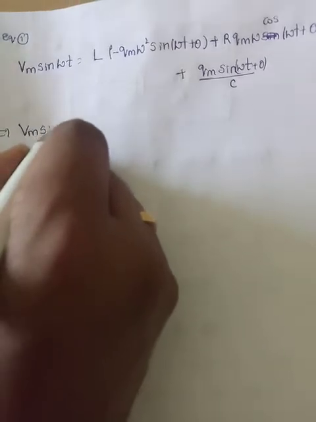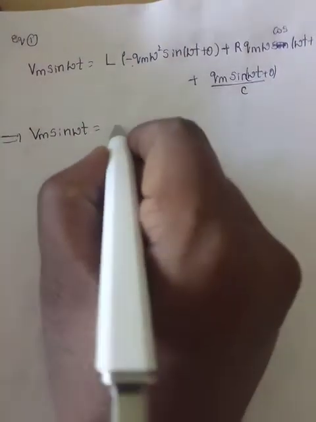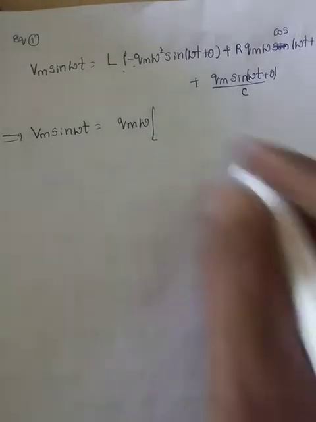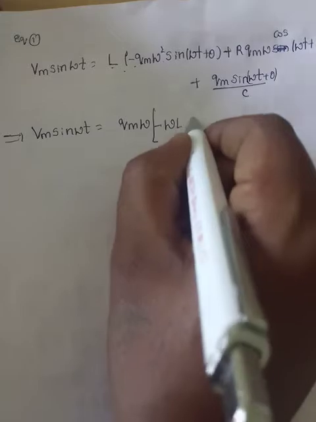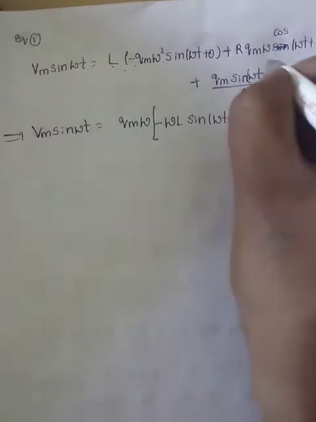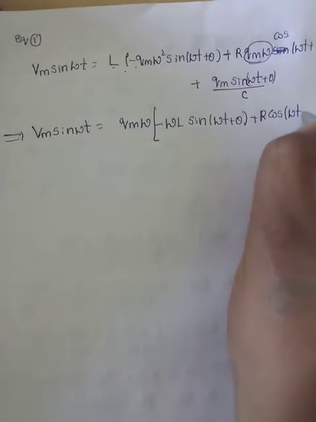Now rewriting this equation. Clearly see, Vm sin omega t equals, taking Qm omega common from all these terms, what remains is minus omega L sin of omega t plus theta, plus R cos of omega t plus theta.